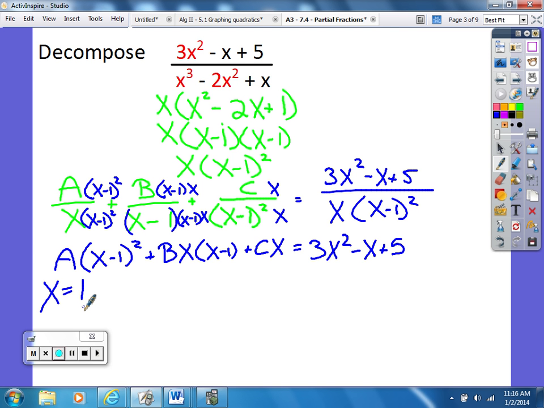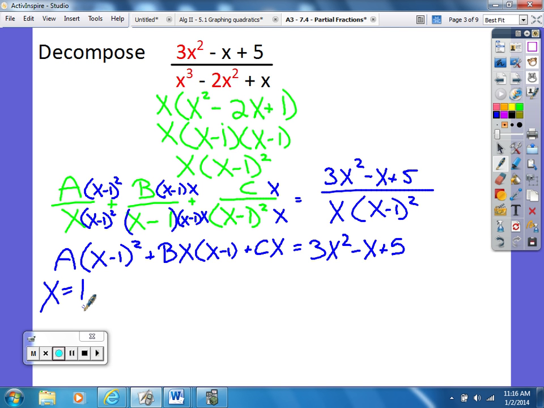I think you guys were trying to tell me what I want to cancel out. When you were saying A and C, you were saying, I want to cancel out A or I want to cancel out C. Well, if I plug in 1 here, what happens to the A? 1 minus 1 cancels out too, doesn't it?